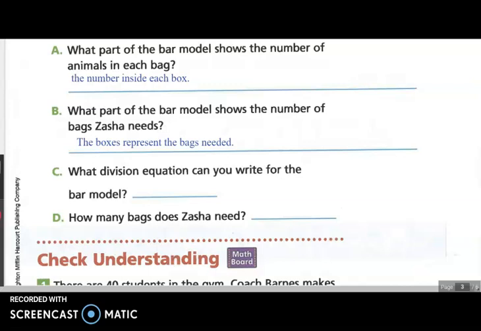That's the number being divided. The 5 rectangles represent our divisor. That's the number we're dividing by. And the 3 represents our quotient, which is our answer to our division problem. How many bags does Sasha need? 3 bags.